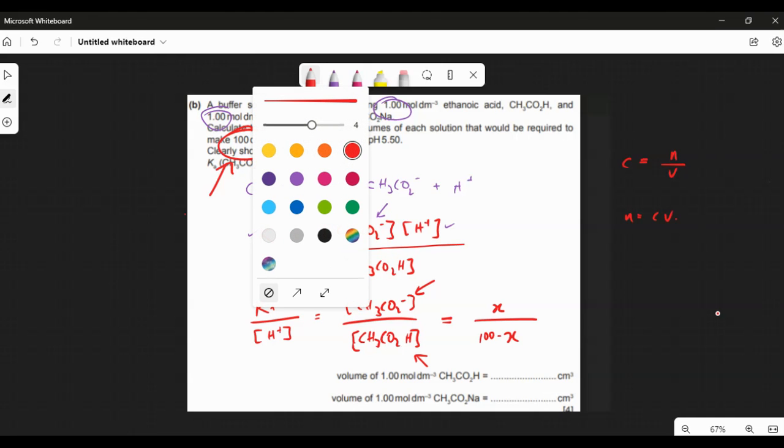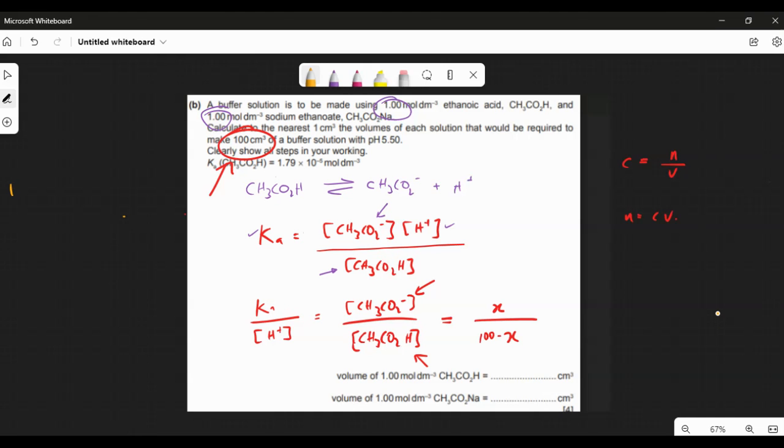So let me put this over here, nice different color. Ka is 1.79 times 10 to the minus 5, divided by 10 to the power of minus 5.5, that's the concentration of the hydrogen ion, is equal to X divided by 100 minus X. Now I'm going to use the calculator. 1.79 exponential minus 5 divided by 10 to the power of minus 5.5, and that gives me 5.66, I think.